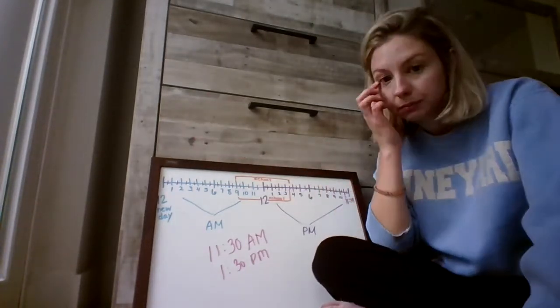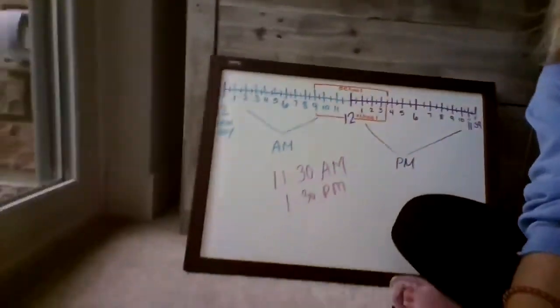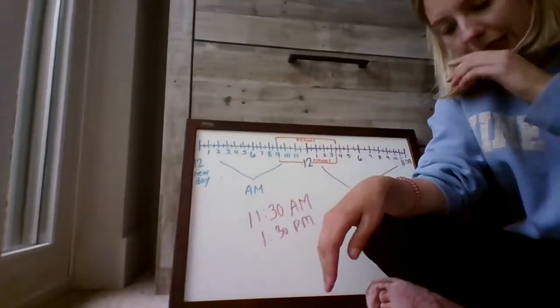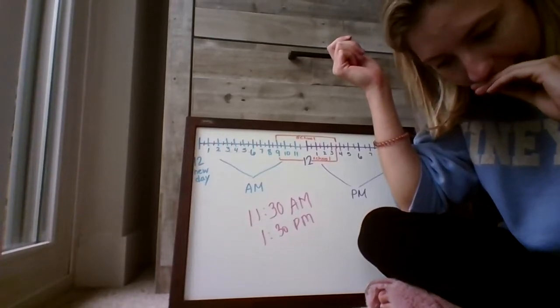Great. So, let me show you my pink marks for my 30-minute marks. Those are all my half hours, okay? Okay, so it starts at 11:30 and it finishes at 1:30, okay?